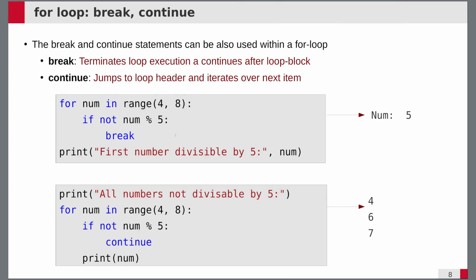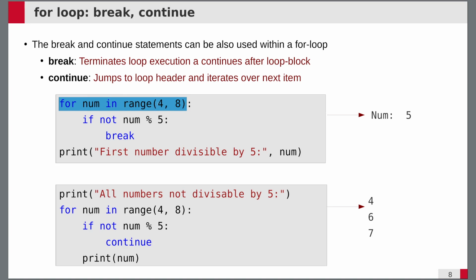Now, if I make a for loop, sometimes it's quite nice to stop the for loop earlier than it was supposed to at the beginning. The example I'm showing here is a for loop where I let the variable num run over a range between 4 and 8.